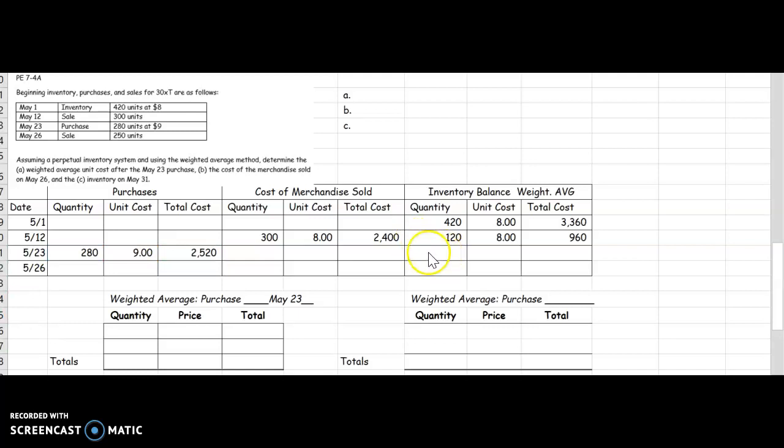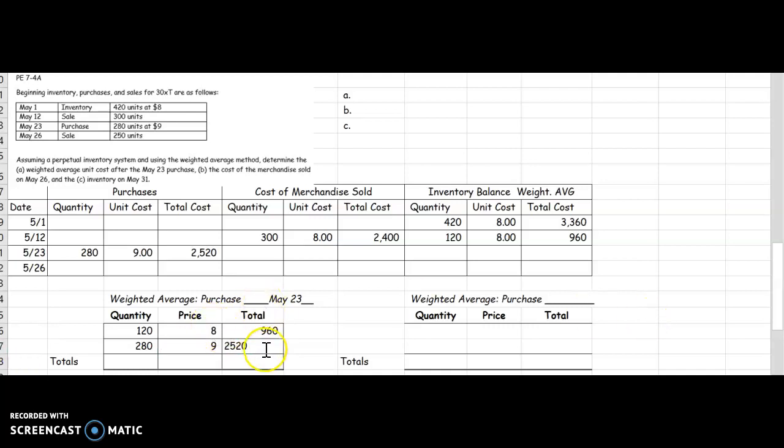And when we get over here is where we have to pause and get a new weighted average. Right now we had 120 at $8 for a total price of $960. And we just now purchased 280 more at $9.